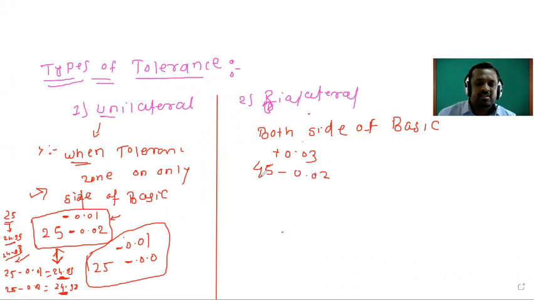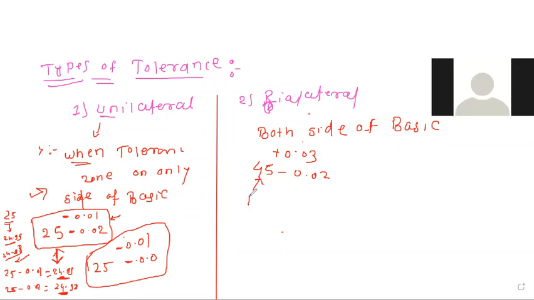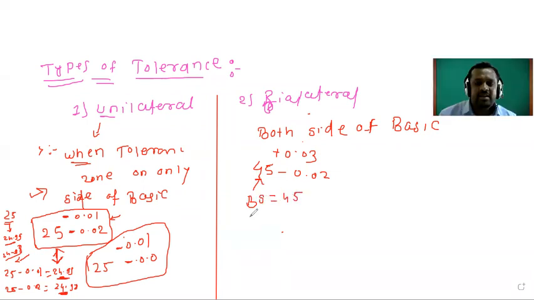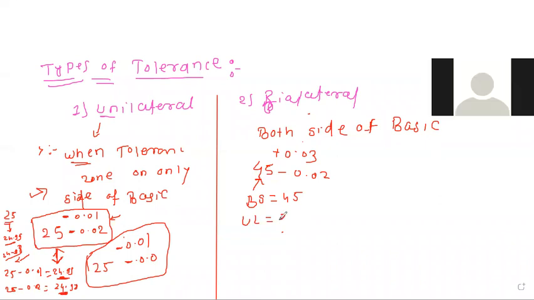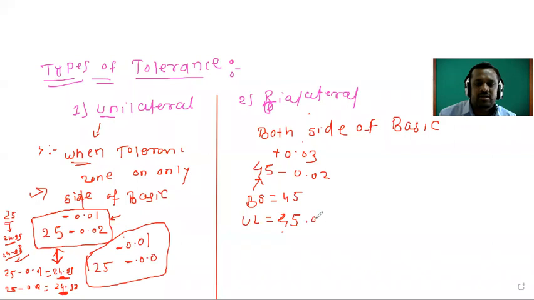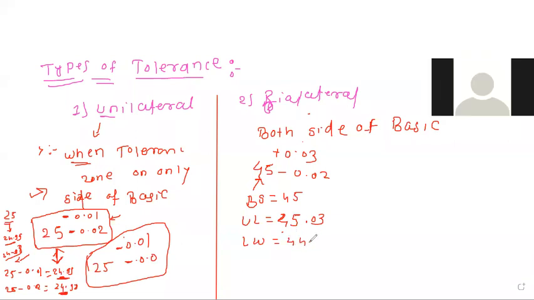Tell me, what is 45? 45 is nothing but our basic size. Then tell me the upper limit. Upper limit is 45.03. Then tell me the lower limit. Yes, 44.98.